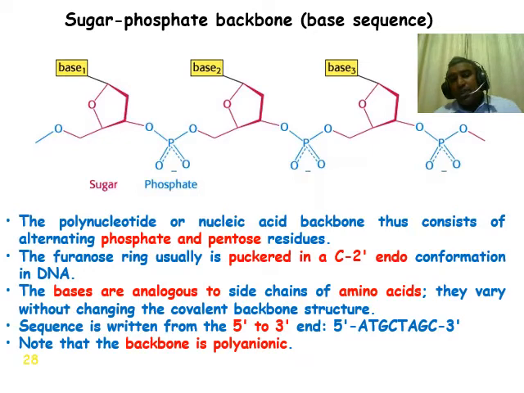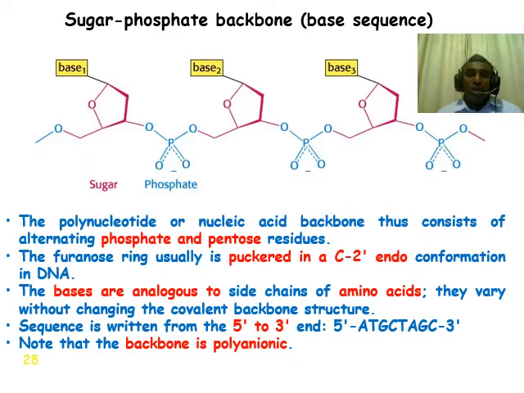So more on what we call the base sequence of DNA primarily. Here it is shown in terms of something referred to as sugar-phosphate, sugar-phosphate. It repeats in this manner, and therefore it's called the sugar-phosphate backbone. Also highlighted is that the DNA is puckered in C2' endo.